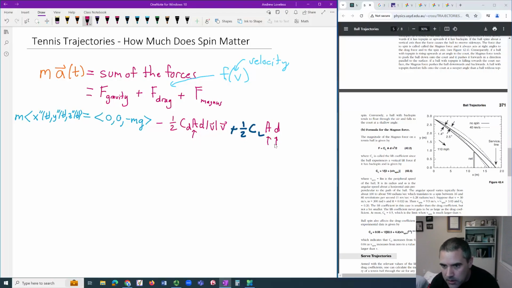D was... What did we say D was? I've forgotten. Oh, it's the air density. And then it says there's going to be a 1/2, and it's the velocity squared again.